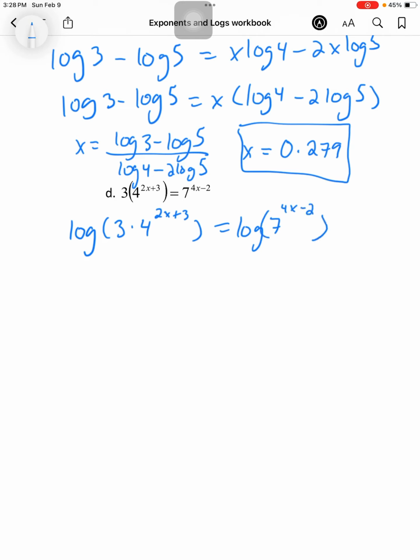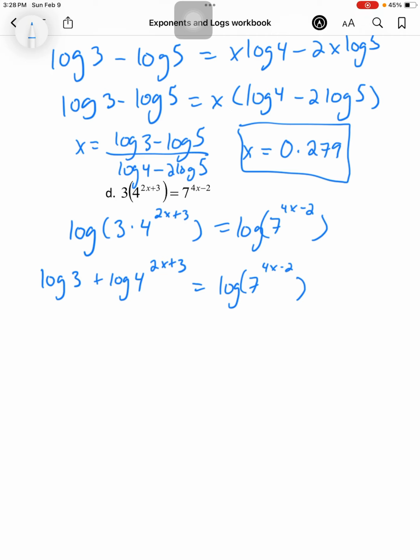Don't forget your brackets. And now we have two terms. That means we use addition law because they're being multiplied, and that means we should have two logs on the left side. So log 3 plus log 4, 2x plus 3 equals log 7, 4x minus 2.